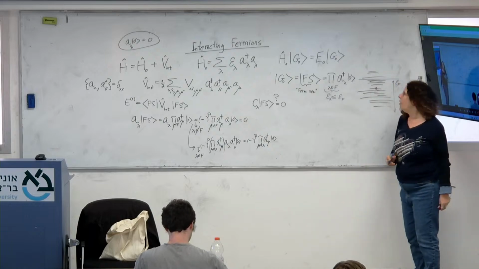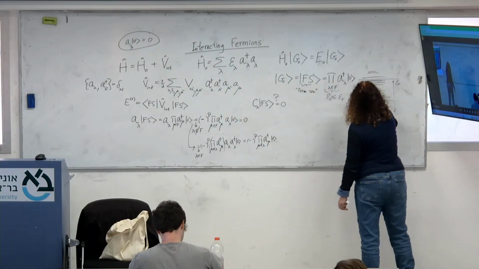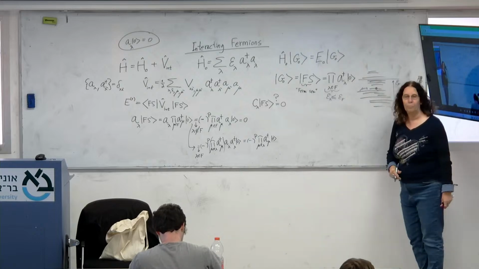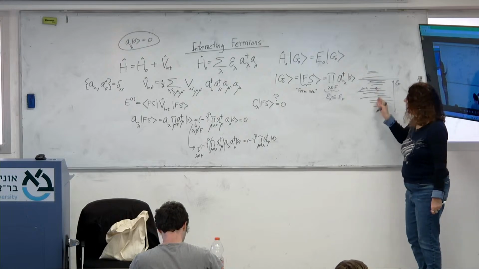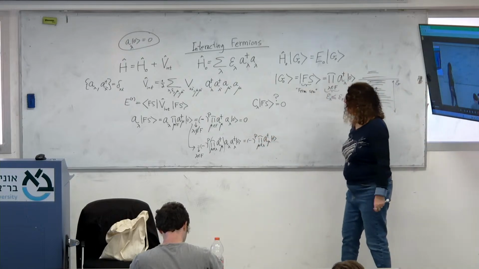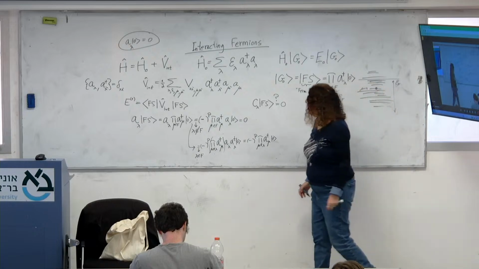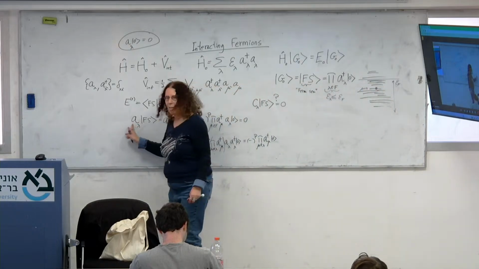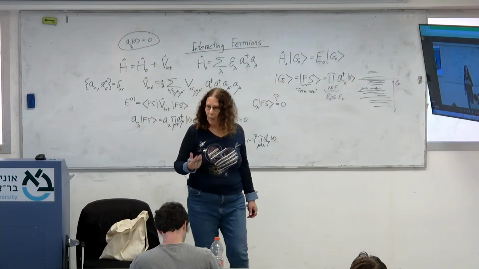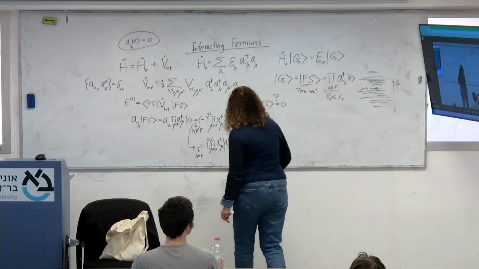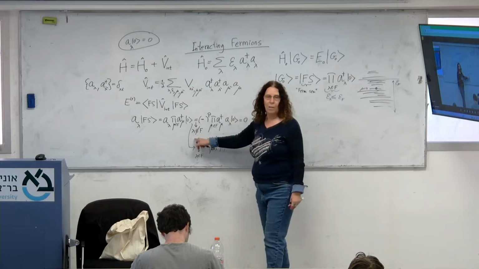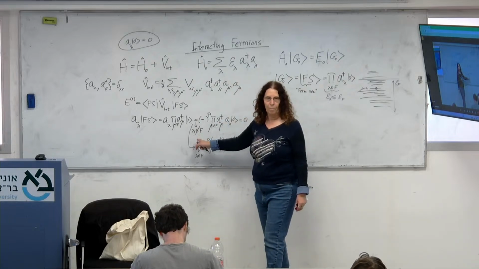I created the hole at mu equals lambda. Okay. So that's what this is doing. Okay. So to summarize, A lambda is not an annihilation operator in general. It is only if lambda is outside of the Fermi system.